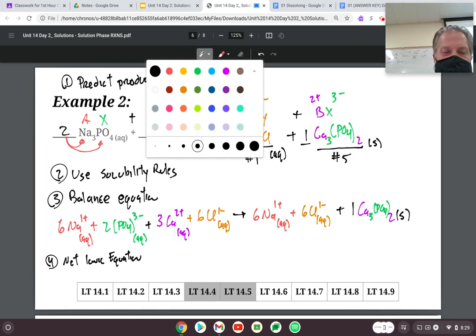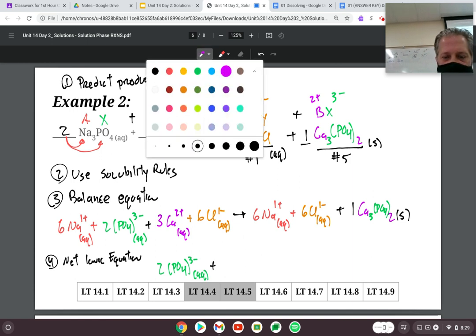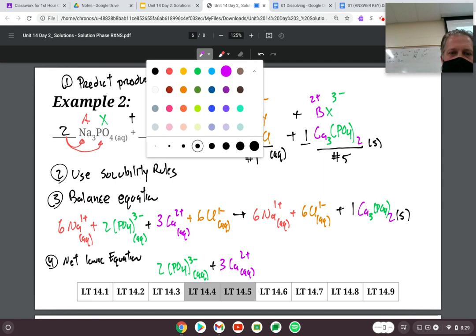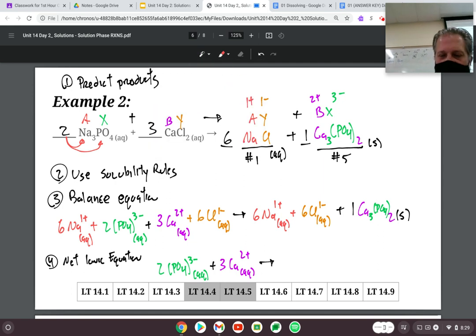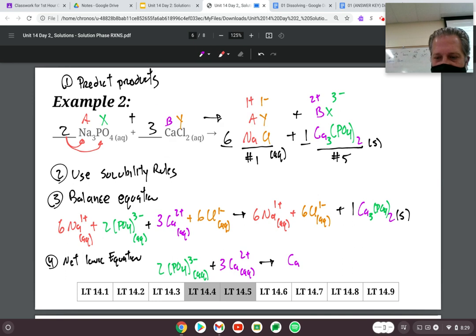So in this case, the ions that make the solid are the 2 phosphate ions, which originally are aqueous, and the 3 calcium ions, which are also aqueous, and they form the solid, which is Ca3(PO4)2.